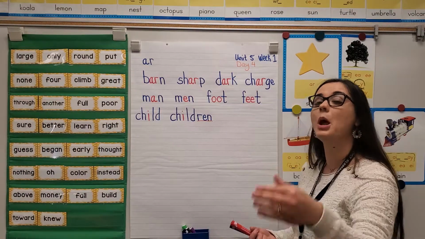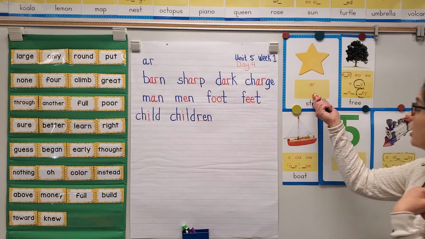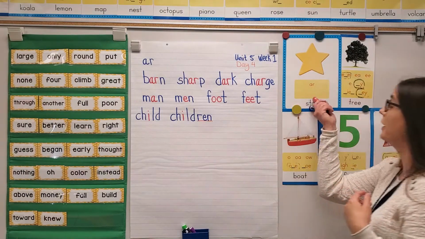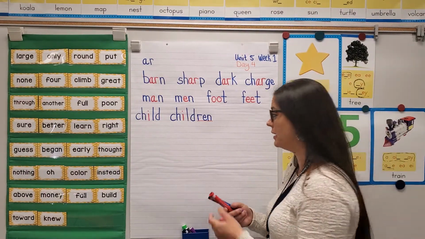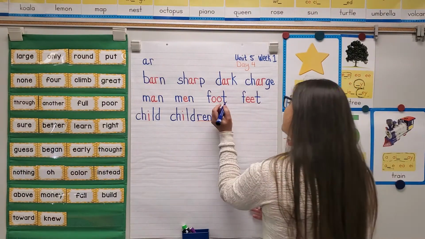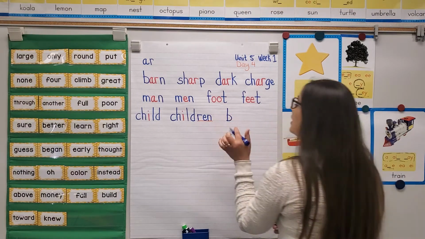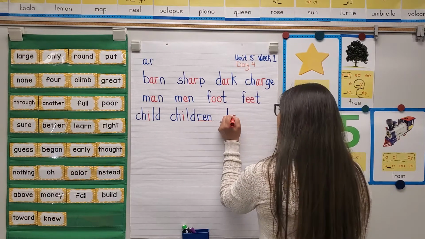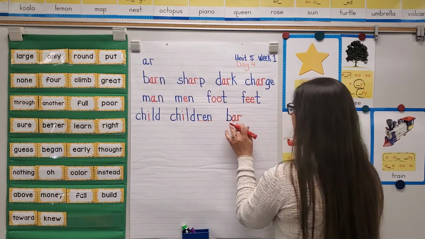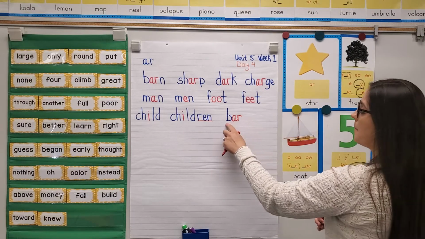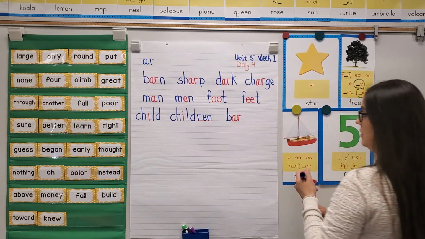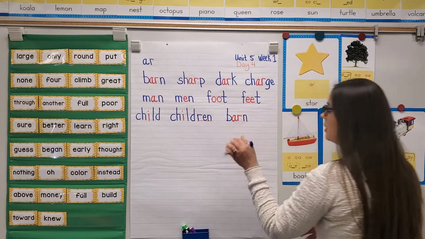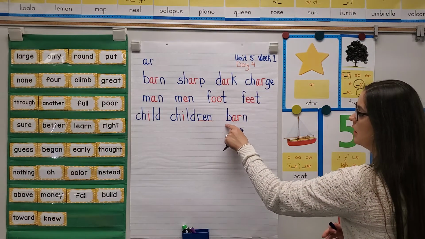Barnyard. Your turn. Barnyard. Long word over here. B says ba. AR, star card, R. And see, we had this word, barn. Barn.